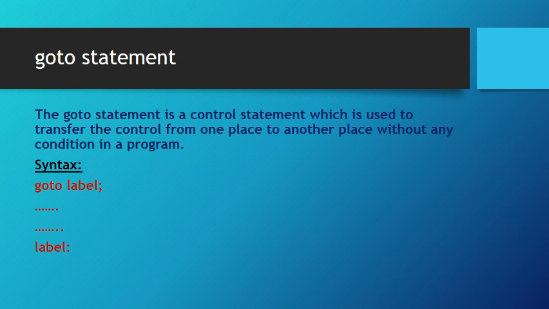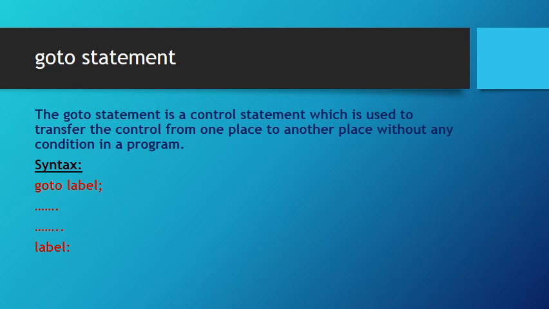First, goto statement. The goto statement is a control statement which is used to transfer the control from one place to another place without any condition in a program. So when the goto statement is encountered, the control jumps to the corresponding label mentioned in the goto.